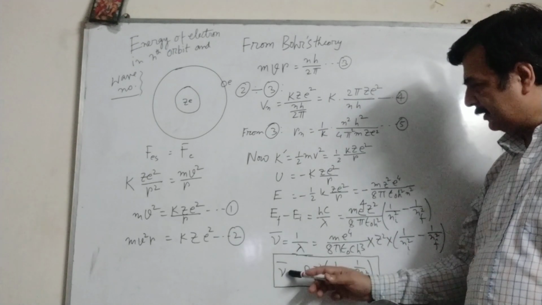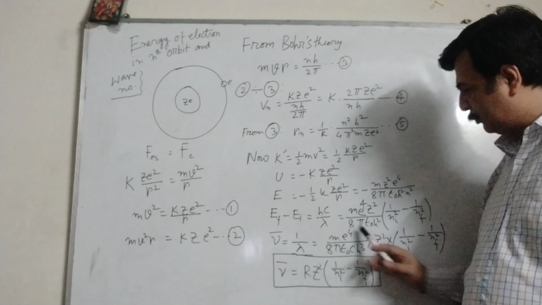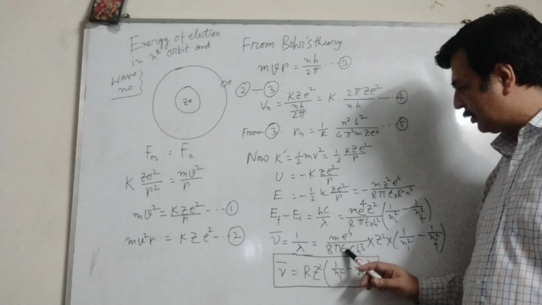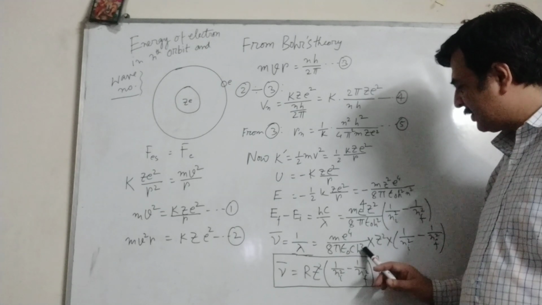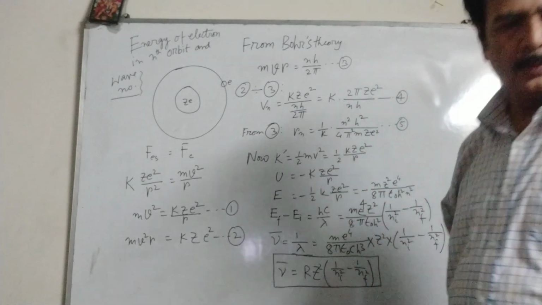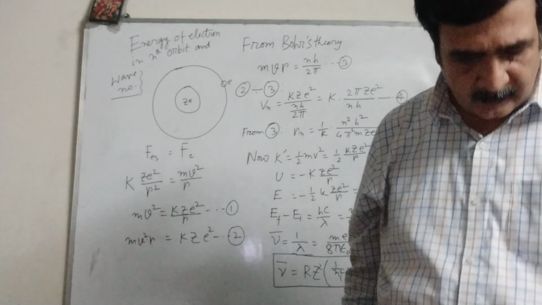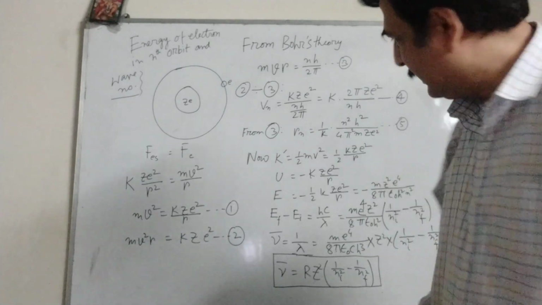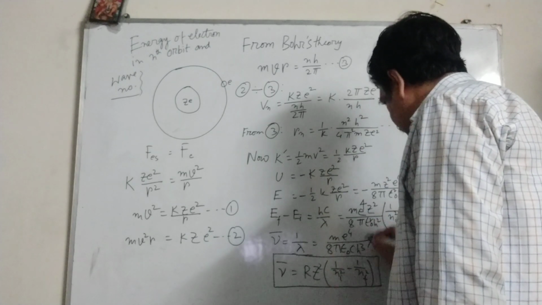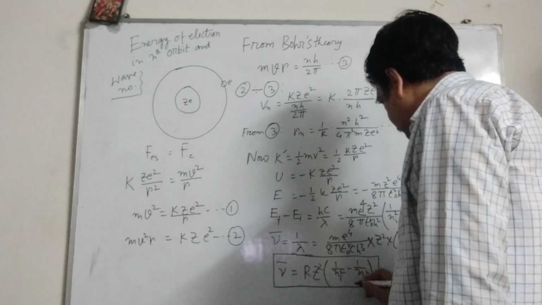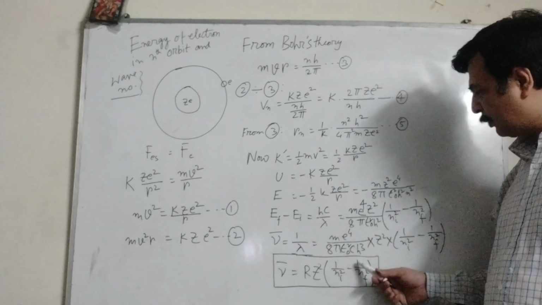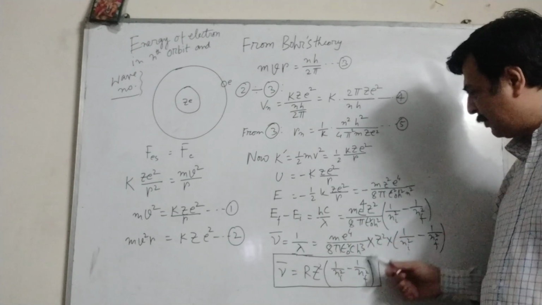This total thing, m e to the power 4 by 8 pi epsilon naught squared c h cubed, is called the Rydberg constant, R. One thing here: there will be epsilon naught squared.